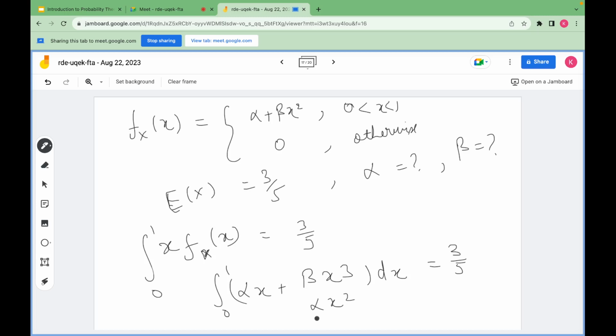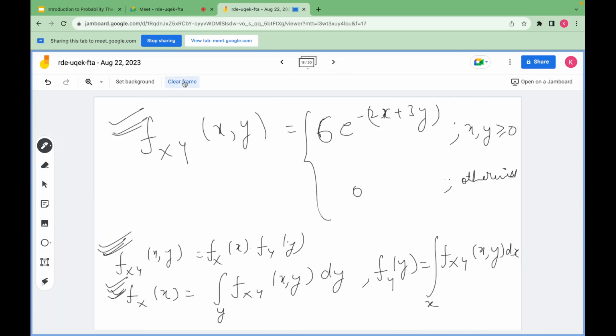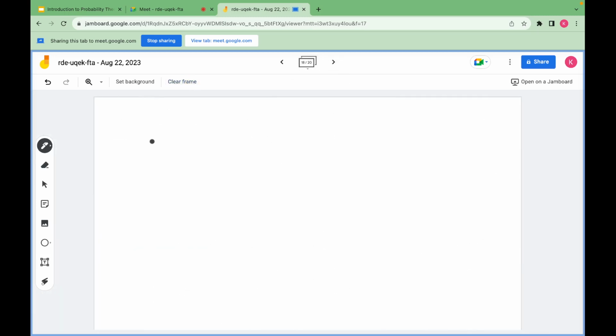So alpha x square by 2 plus beta x to the power 4 by 4 from 0 to 1 is equal to 3 by 5. So this will give us the equation alpha by 2 plus beta by 4 is equal to 3 by 5. Okay, this is one equation. Then we also know that the integral of fx dx from 0 to 1 is equal to 1.